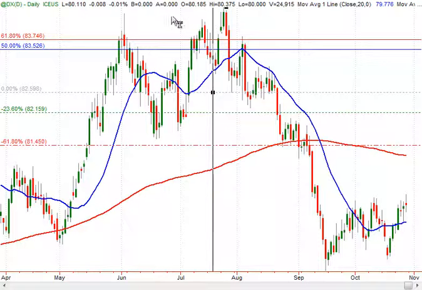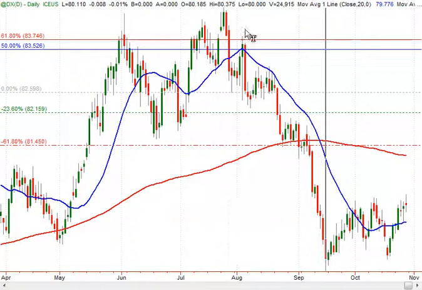Also, the volume is very different because the dollar index trades between 15,000, 17,000 and 20,000 contracts per day, while other instruments with a very high volume, like the euro, for example, trade 200,000 contracts per day. So we need to keep this in mind.